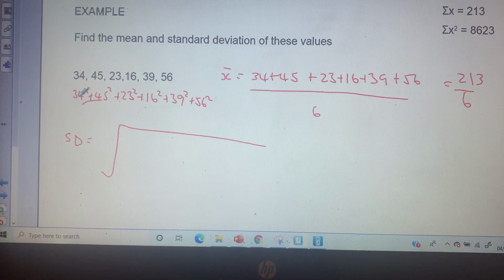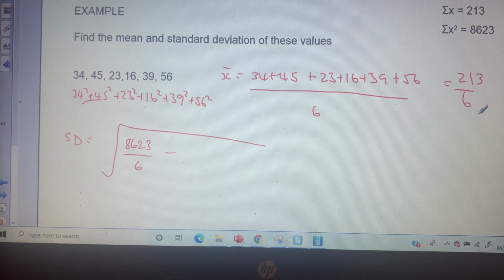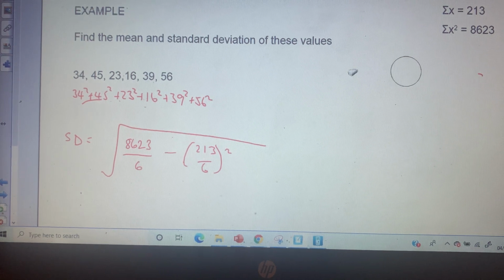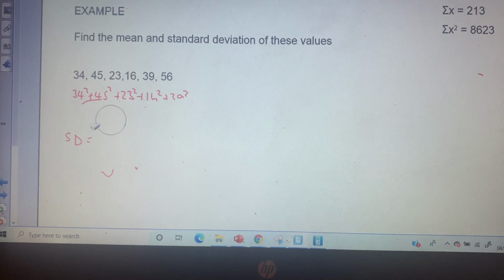So we would work out the sum of their squares, which is 8,623 divided by how many there are, take away your mean squared. Now this, they're not really interested in you number crunching like this. We don't really want to be doing it. It tends to be all done on your graphical calculator.